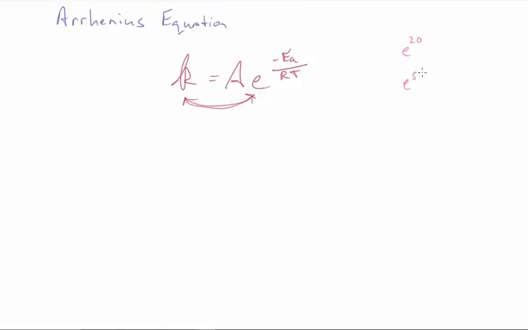I took e to the 20, e to the 5th, e to the negative 5th, and e to the negative 20th. e to the 20th is equal to 4e8. e to the 5th is 148. e to the negative 5 is 6e-3. And e to the negative 20 is 2e-9.